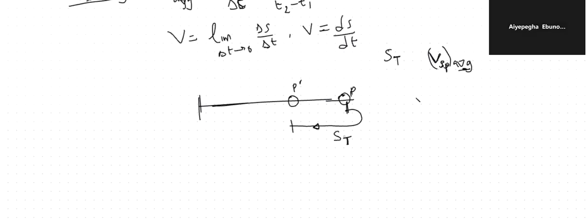So our average speed is total distance traveled over the time interval.